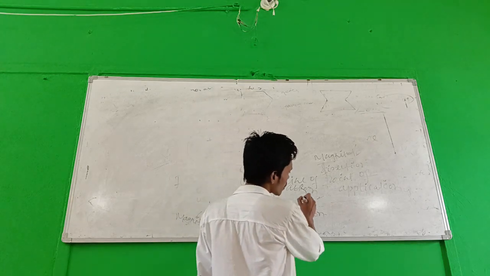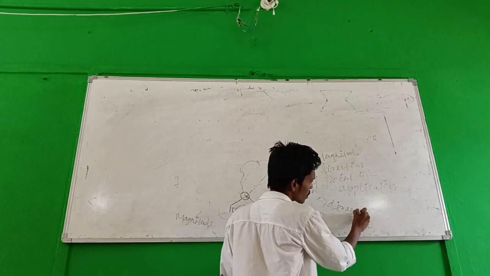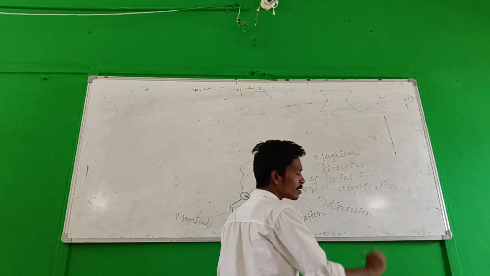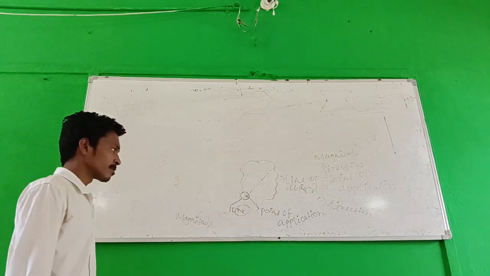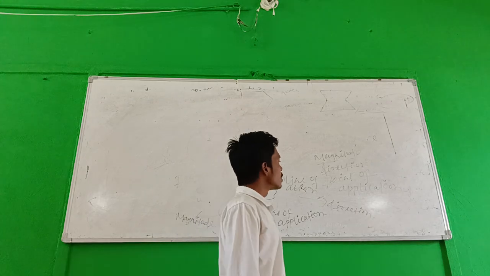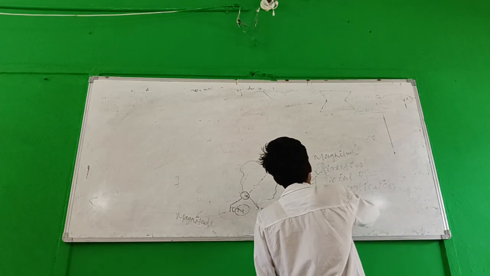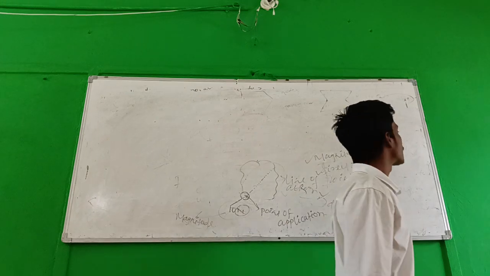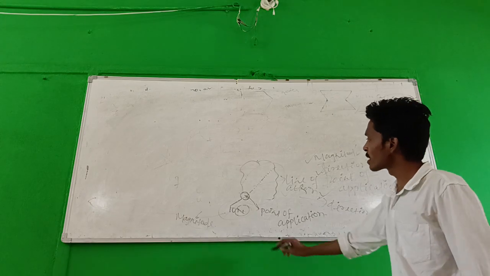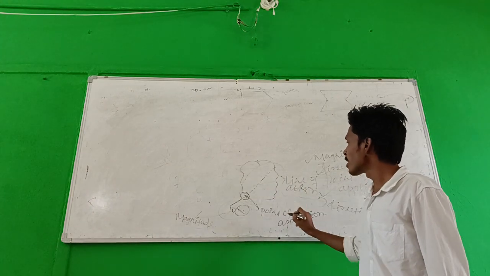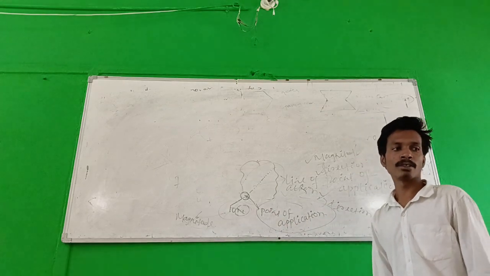This is the line of action or direction. These are the 3 points: force is a vector quantity because it has some magnitude, some direction, and a point of application.